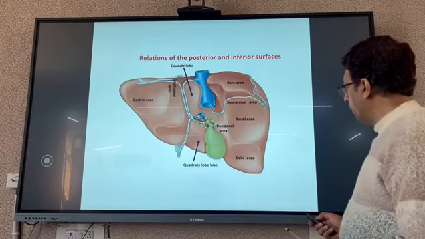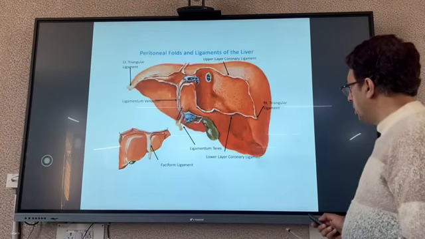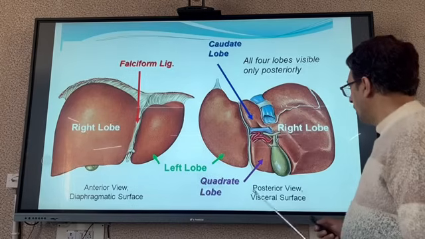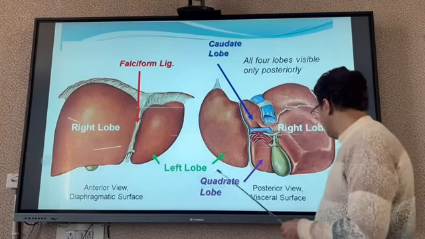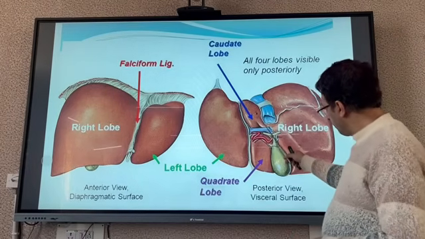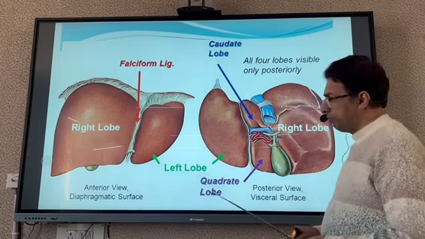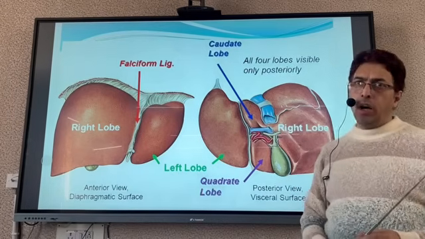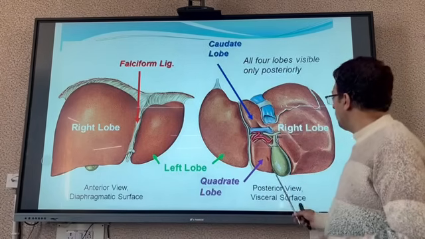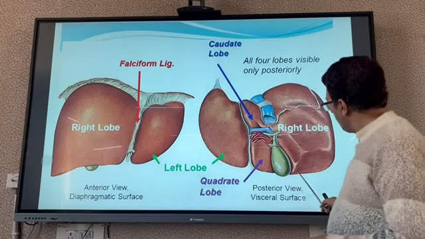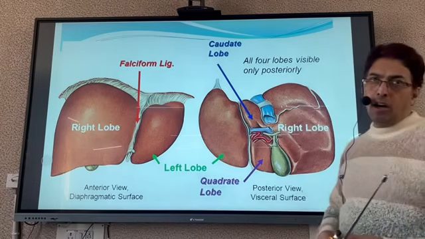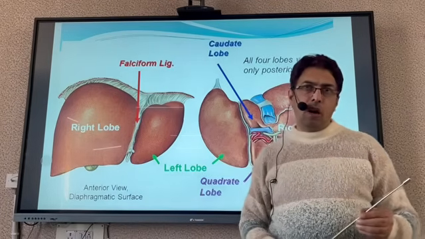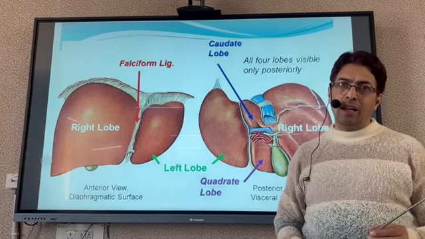Now, going back to this diagram. Now, this is the which lobe? And this is the quadrate. Now you can see the quadrate lobe. The quadrate lobe is this one, and this is a very important, I would say, organ which is associated with the liver as well.